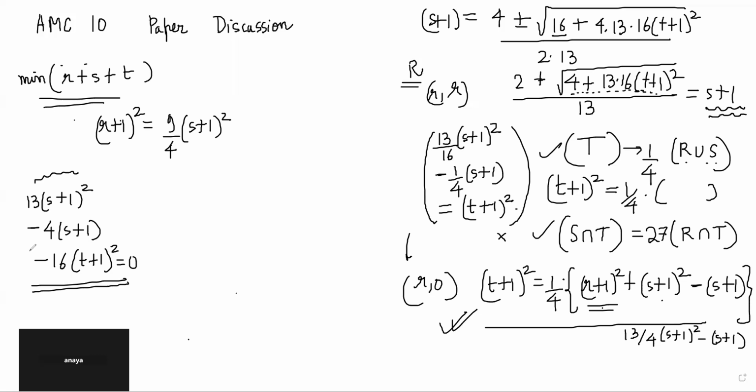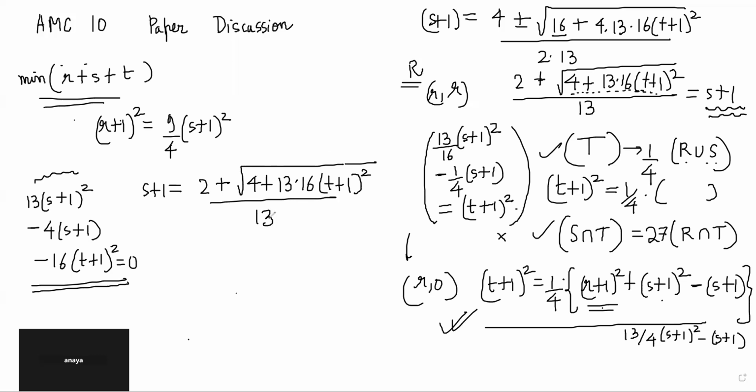And now I have a relation like s plus 1 is equal to 2 plus root over 4 plus 13 into 16 t plus 1 whole square, divided by 13, which means that somehow this part should become a perfect square and should be such that s plus 1 comes out as an integer.